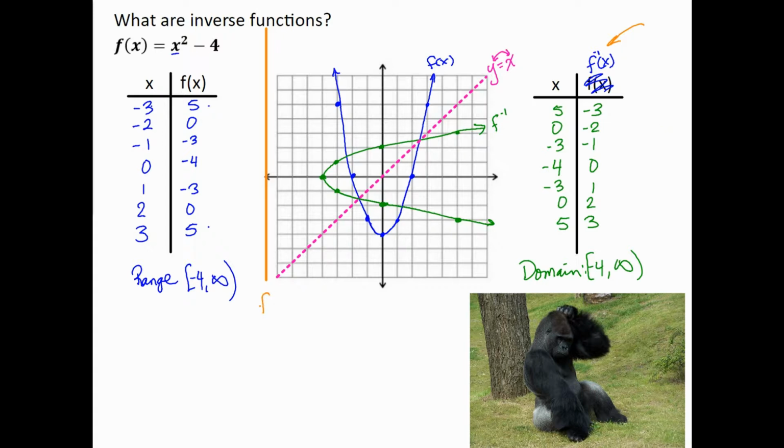So f of x is not 1 to 1. So the horizontal line test is a very quick way to determine if an inverse function exists. And sure, we can graph an inverse, but that would be an inverse relation, not an inverse function. And you can see that it's not a function using the vertical line test as well.